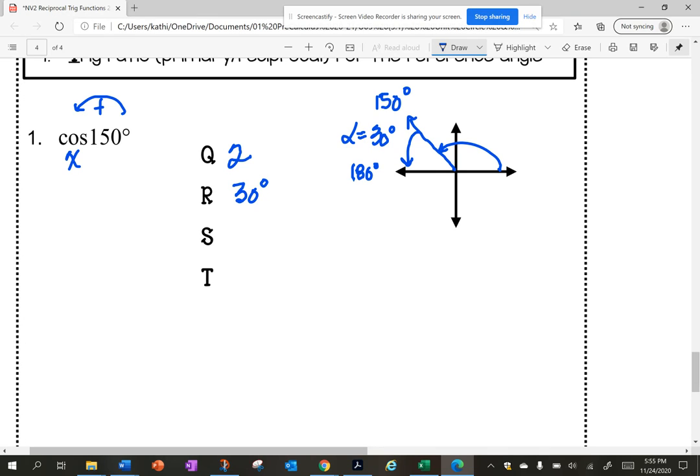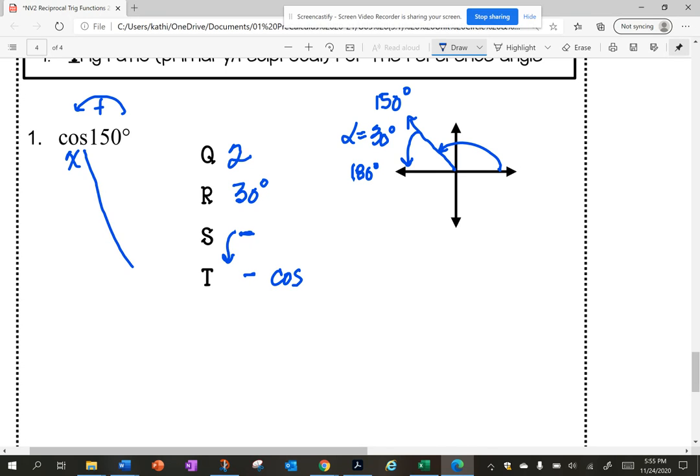So my reference angle is 30 degrees. My S stands for sign, and I know cosine is negative in the second quadrant. And the trig, so now I'm putting it all together. So my trig function is cosine. So my sign here is negative cosine.